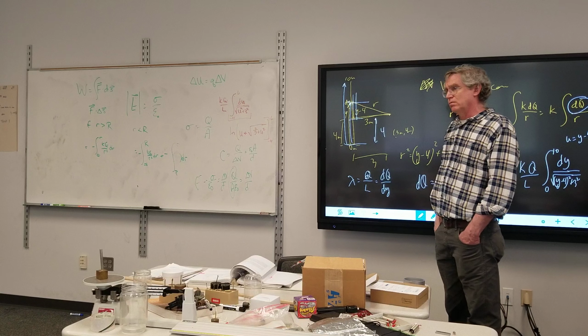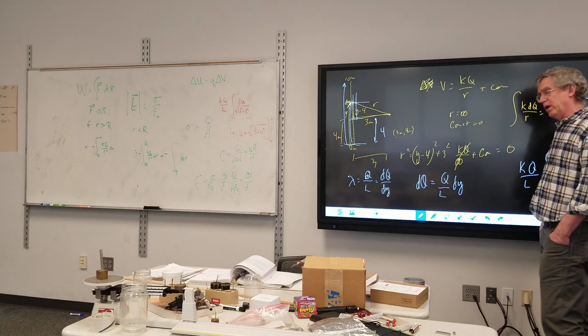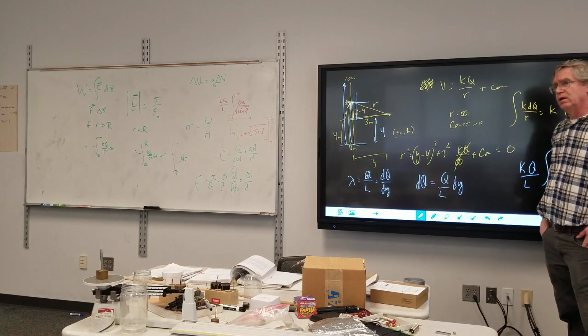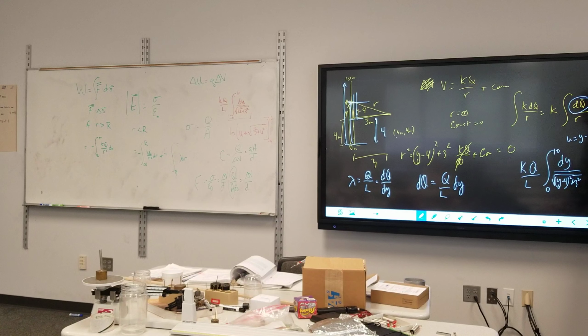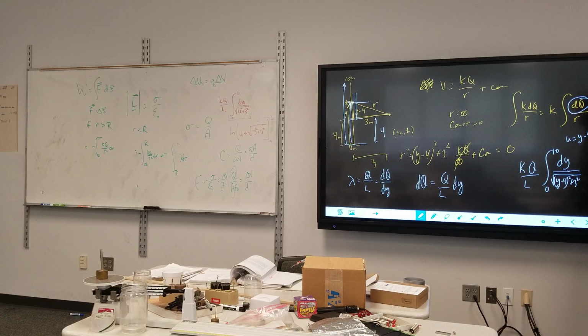That's how I define my limits of integration for Y. All right, I'm still missing. Well, R squared equals y minus 4 squared plus 3 squared, correct, and y minus 4 is... why is it y minus 4?